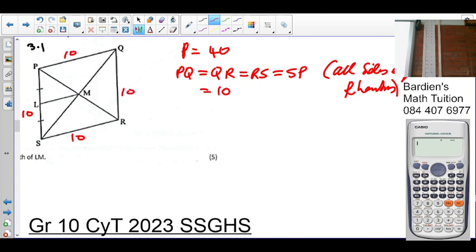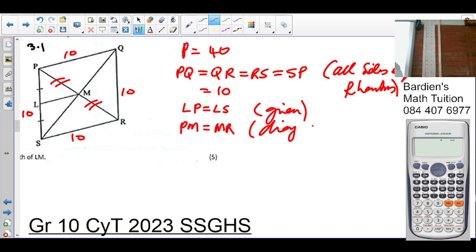But I want you to calculate LM. What you notice about LM is that it is in triangle PSR. Somewhere or other I'm seeing that PL is equal to LS. Midpoint theorem somewhere. So what can we say? We can say that LP is equal to LS, why? Given. Then PM is equal to MR. Why is PM equal to MR?